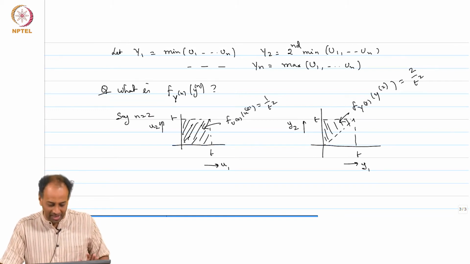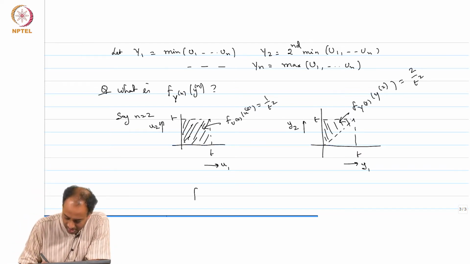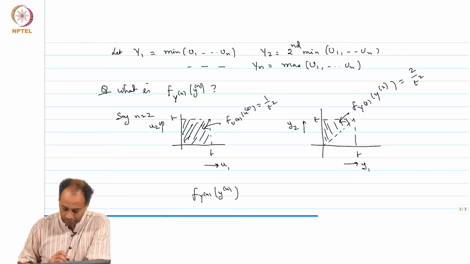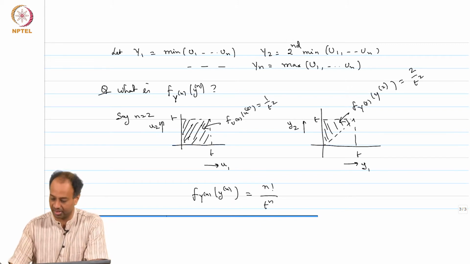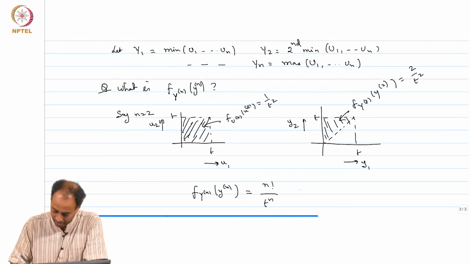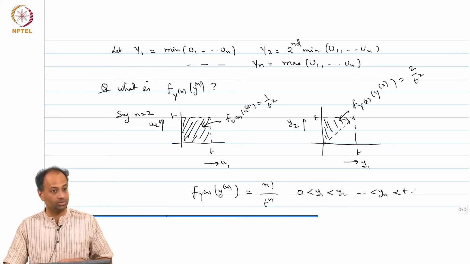So, what am I saying essentially? Basically, this argument can be formalized. We are saying that the uniform order statistic has this as the density, for 0 less than y1 less than y2 dot dot dot less than yn less than t.